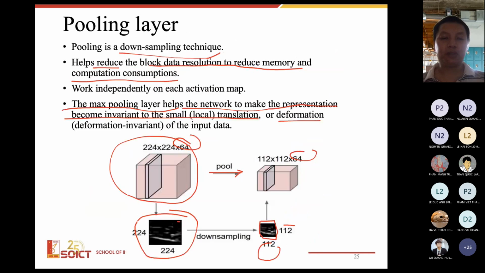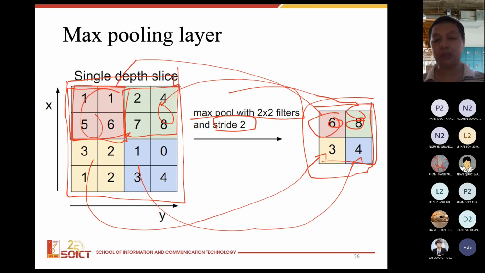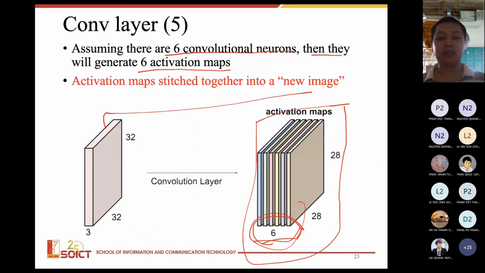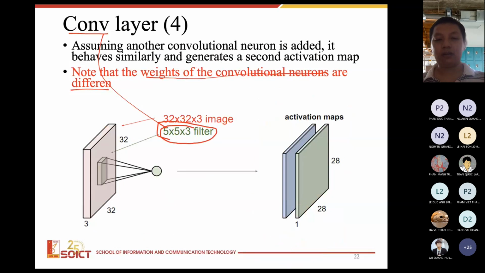In the case of the pooling layer, you don't have to learn any weights, because it is just the max function. There is nothing to be learned. I just extract the max from the local input and I have the output. So if you have the max pooling layer, that layer has no learning parameters. But if you have the convolution layer, then the size of the convolution neuron is the number of parameters to be learned.